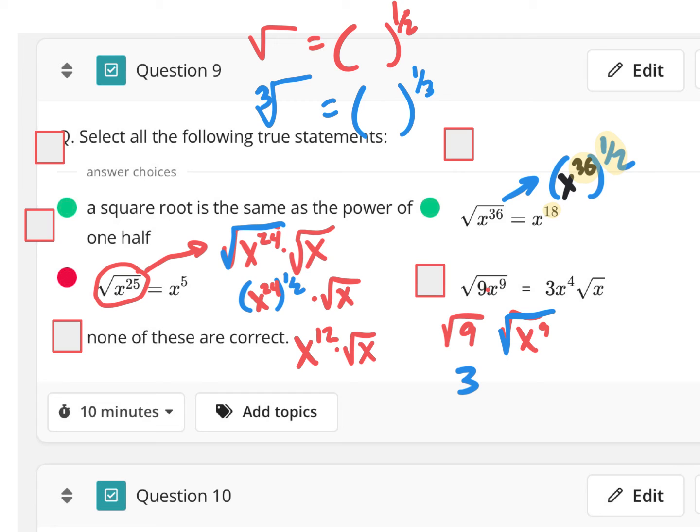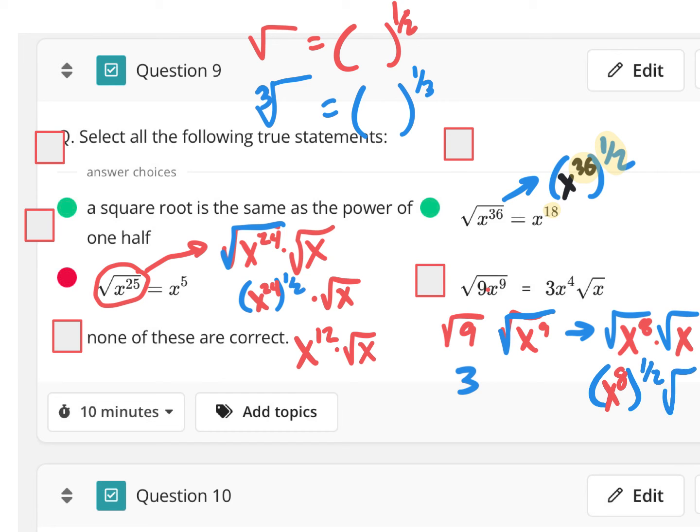So I'm going to rewrite this as the square root of x to the 8th times one more x. Again, x to the 8th times x gives you that x to the 9th that you had, and I already split the square root to each of those. And the square root of x to the 8th, that's really the power of 1/2 on x to the 8th.